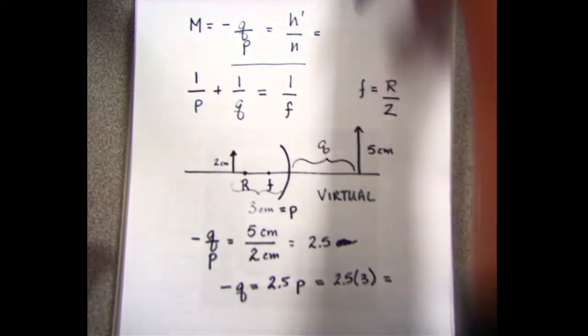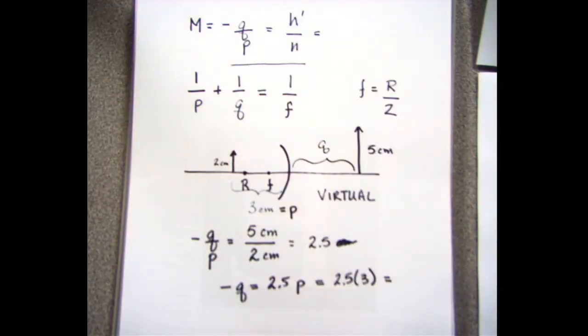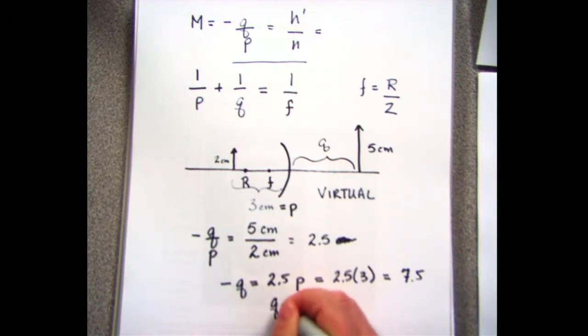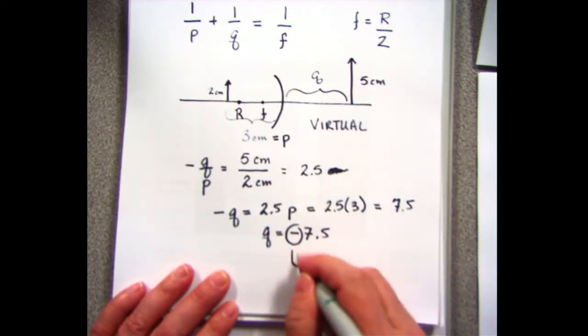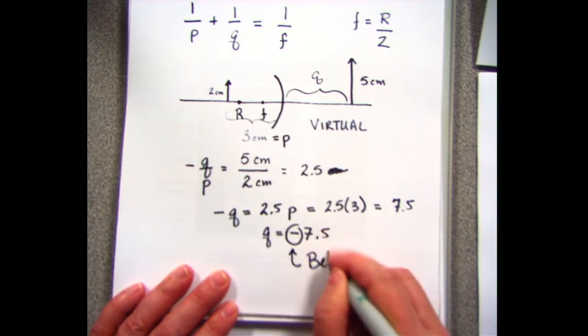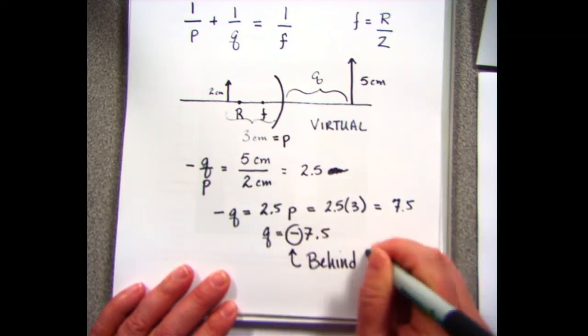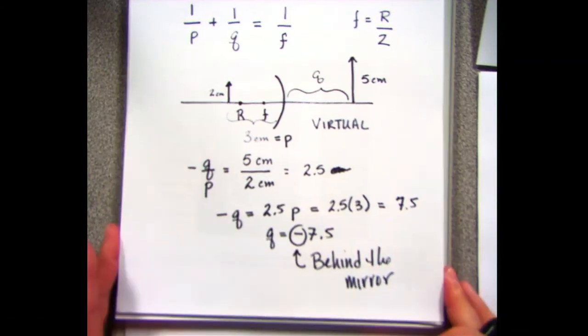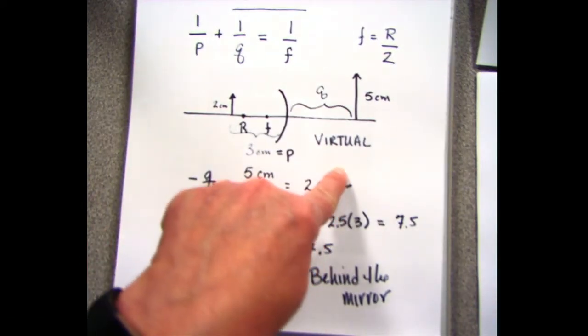And that's going to give me, because I can't calculate in my head this morning, 7.5, or Q is going to equal negative 7.5. This negative right there tells me behind the mirror. And that's a good thing because we were told it was virtual.